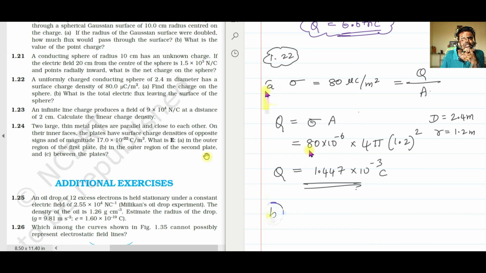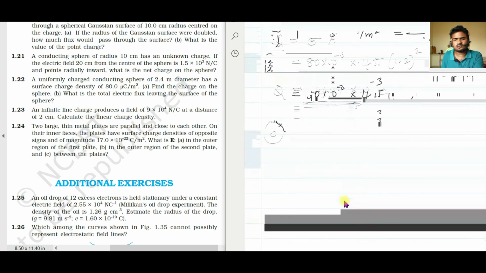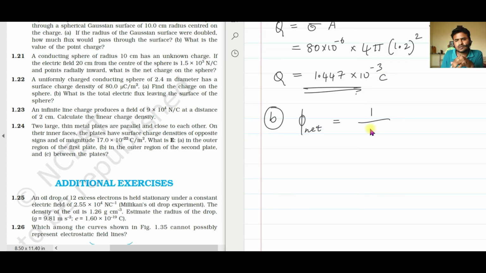And now sub question B is: what is the total flux leaving the surface of the sphere? So the total flux, we know, is 1 by epsilon naught times the net charge. Net flux is 1 by epsilon naught times the net charge present within the closed surface, right? So what do we get?